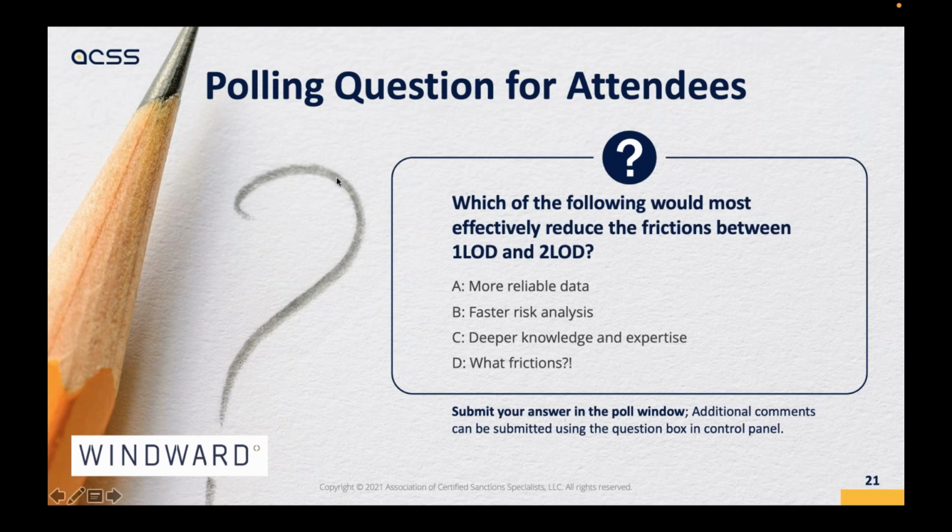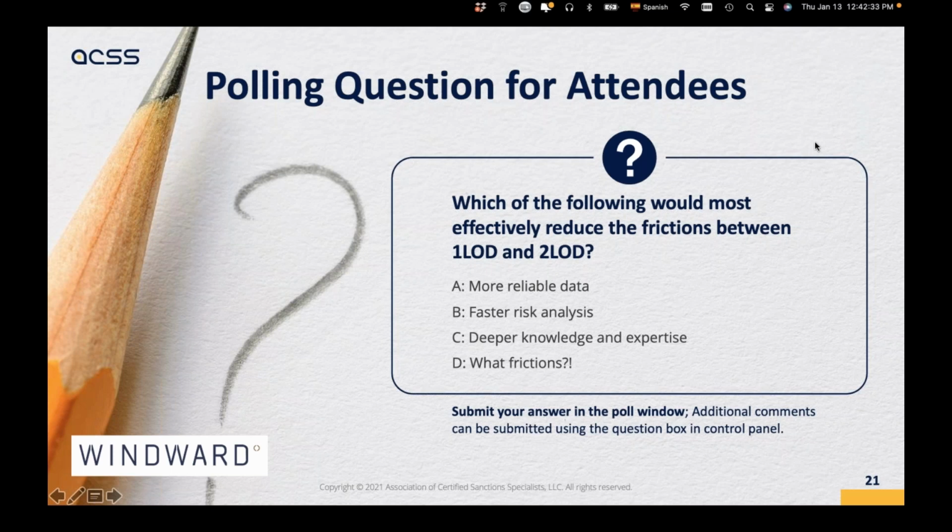But for now, let's just ask our attendees, which of the following would you think is most effective in reducing the friction between first line of defense and second line of defense? Is it A, more reliable data, B, faster risk analysis, C, deeper knowledge and expertise, D, what friction you're talking about? And if you're D, you're very lucky. So go ahead and answer.